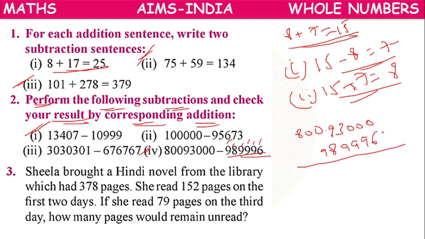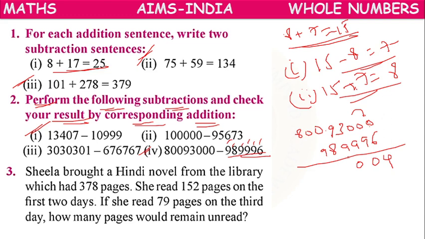So we have to subtract first. From 0 we cannot remove 6. If we take 1 borrow, 10 minus 6 is 4. Here 9 will be there. 9 minus 9 is 0. So here also 9 will be there. 9 minus 9 is 0. Already we have borrowed from here, so here 2 will be there.